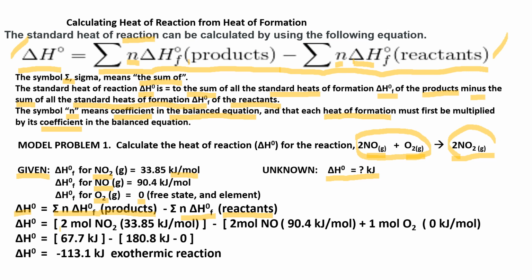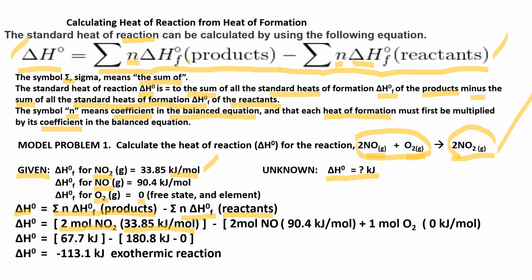Okay, so let us substitute into the equation. There are 2 moles of NO2 gas. The equation shows 2 moles of NO2 gas multiplied by the heat of formation of NO2 gas, which is given. Minus the total heat of formation of reactants.